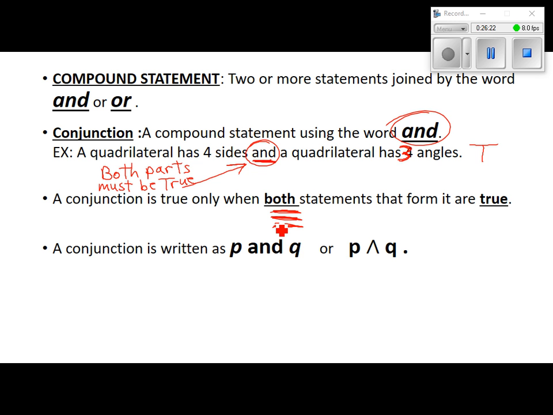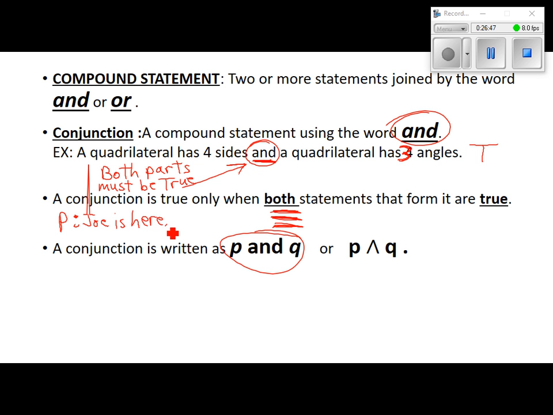Sometimes they'll tell you this just says statement P and statement Q. They might write it out that way just to make it easy on themselves so they don't have to write out full sentences. And you may have to write out full sentences there. If P, they might tell you statement P stands for Joe is here.